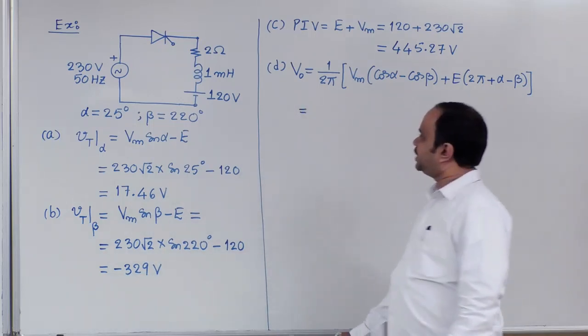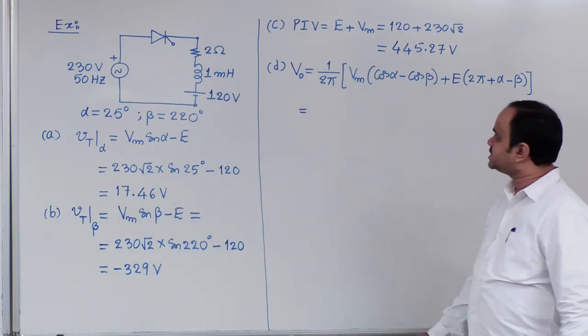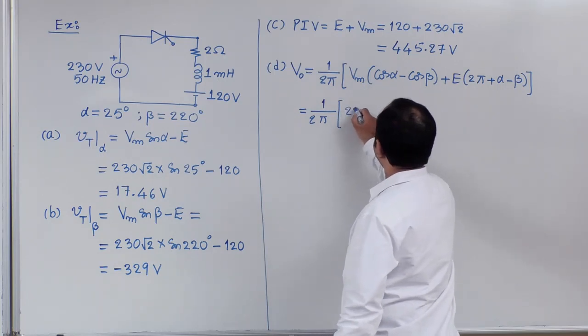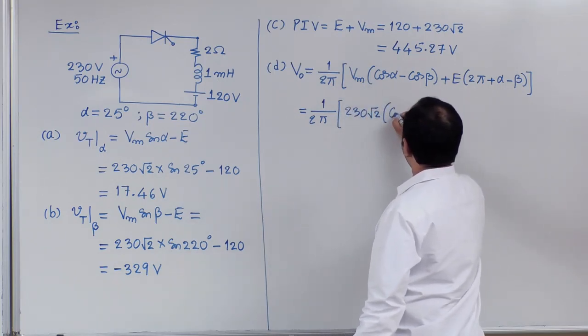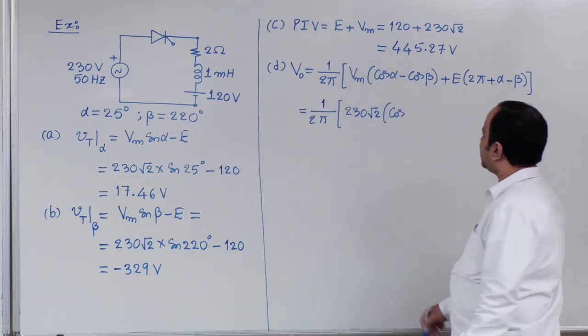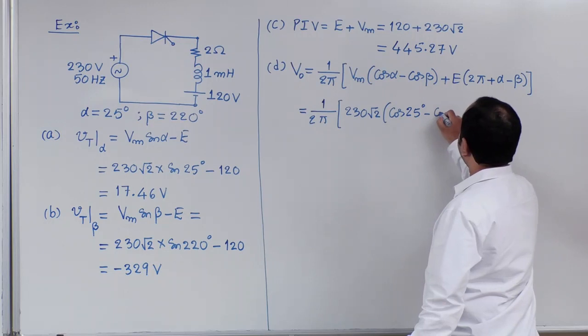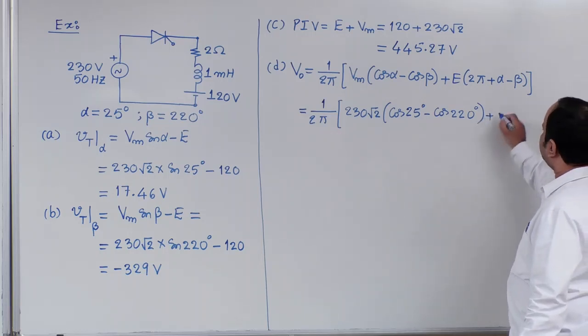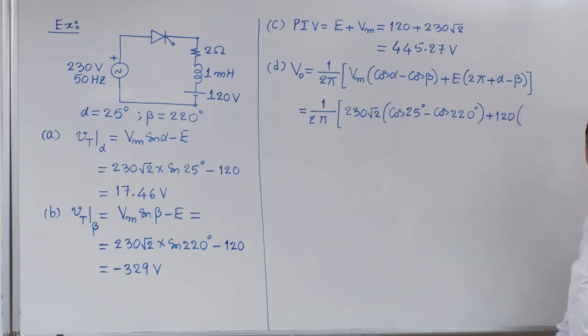Now, by substituting these values, let me write it down. 1 by 2 pi, Vm is 230 into root 2 multiplied with cos 25 degree minus cos 220 degree, plus E value is given, 120 into 2 pi plus, now you have to substitute alpha value in radian, that is 0.4363, minus 3.84.